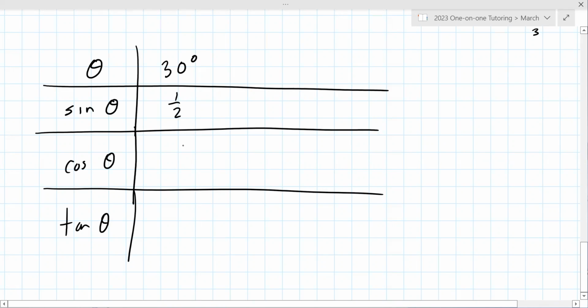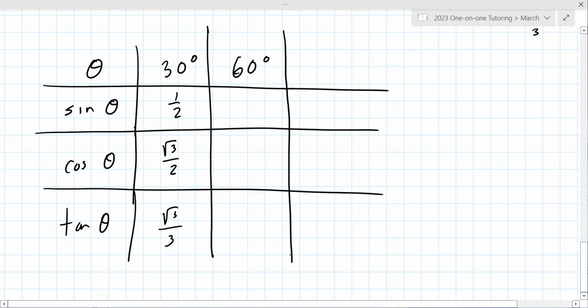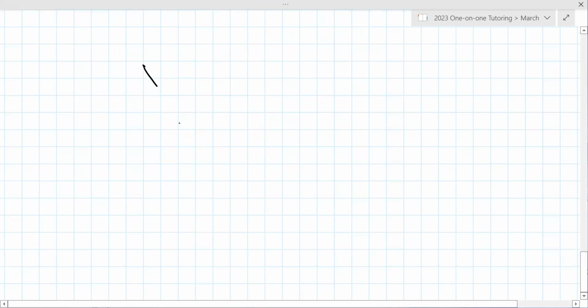The sine is 1/2, the cosine is the square root of 3 over 2, and the tangent of theta is the square root of 3 over 3. And you may end up having to do this for 60 degrees. We're going to actually do it for 45 next because we're going to look at a different type of problem here. This is a typical test question, to maybe have to fill in a table like this. All right, so let's look at another triangle here.